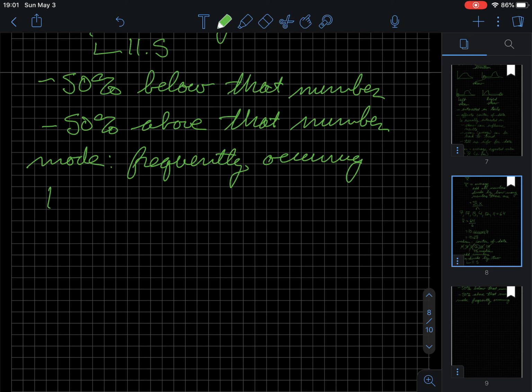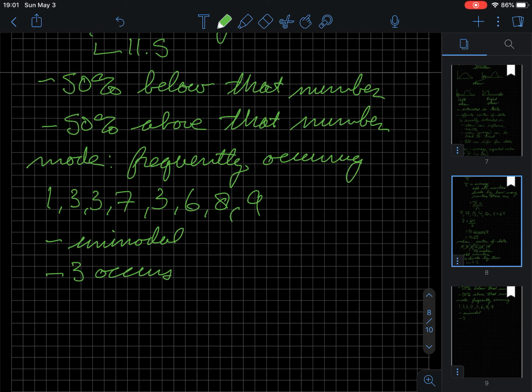So if we had 1, 3, 3, 7, 3, 6, 8, 9, what we know right here is that these data are unimodal and that 3 occurs most often. So when we think about this, basically the mode is looking at what frequently happens.